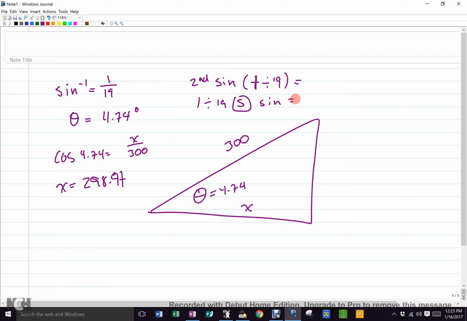Then that will give you theta. Remember, shift sine finds angles, regular sine finds distance. Shift cos finds angles, regular cos finds distance. Shift tan finds angles, regular tan finds distance.